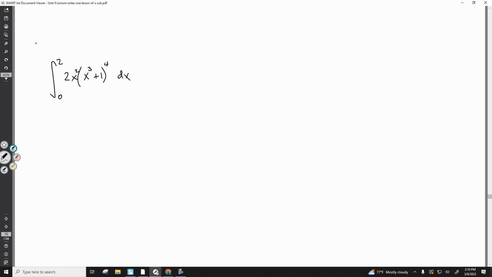Now, please do this one, but when you're done, plug in 0 and 2 so you can find the area under this function from 0 to 2.